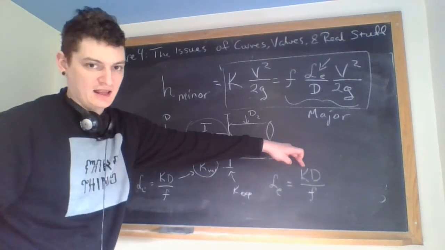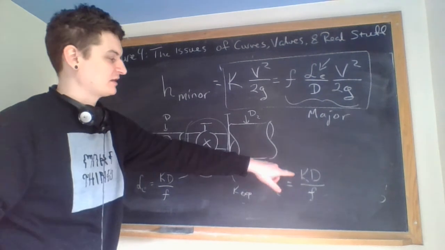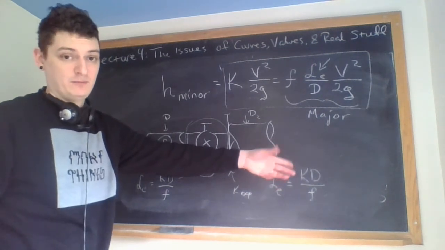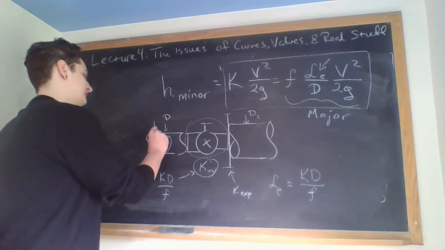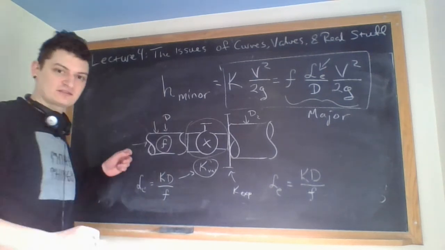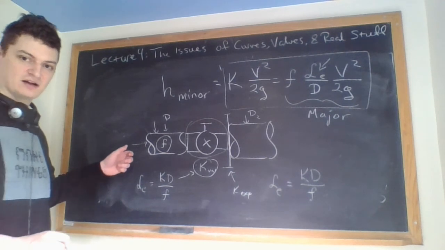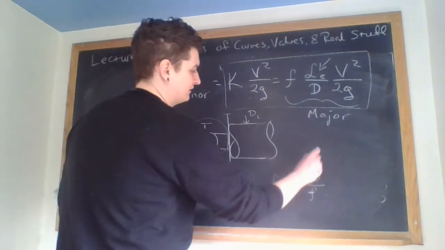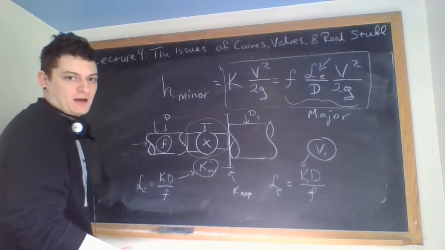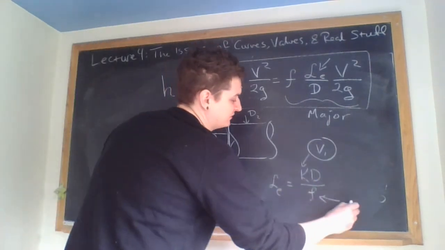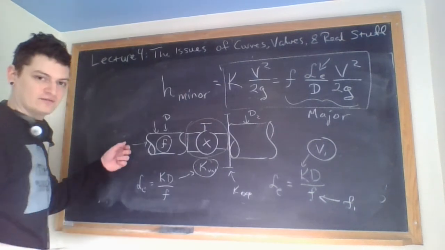So the K, if you remember, we get this loss coefficient, we can calculate it based on the faster velocity. So that means this one. Use the faster one always. Use the fastest velocity you're talking about. So this K uses the velocity in section 1. So that makes sense that you also would still use the friction factor of the fastest one as well.